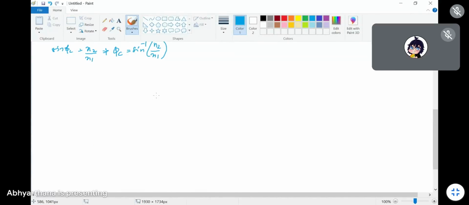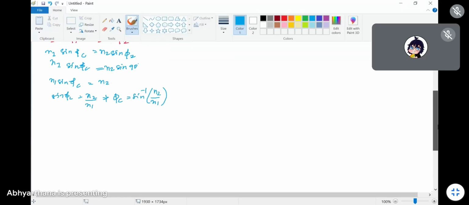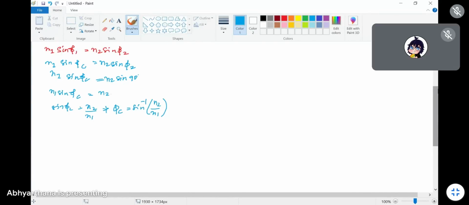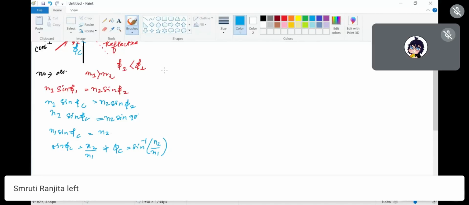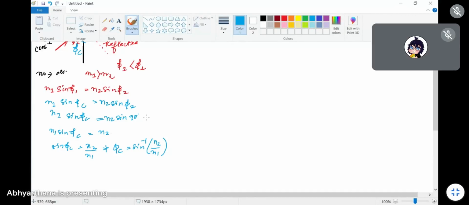Now this was a part of your refraction. Now what happens if we further go on increasing the angle? Here phi 1 is less than phi 2. Here is the case where phi 1 is equal to theta c.